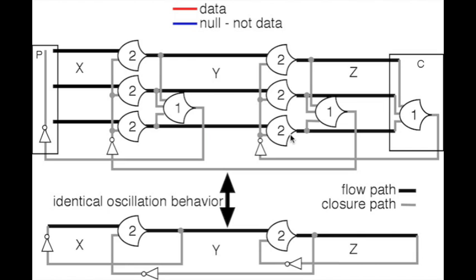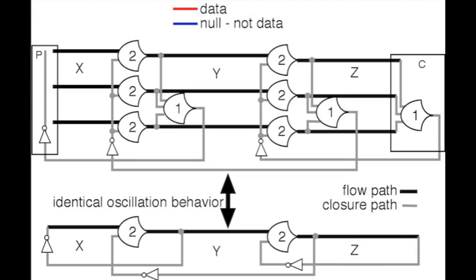So now we have a spanning enable rank driven by the closure from the downstream oscillation, followed by a spanning completeness detection, which generates the closure for the current oscillation. So with multi-rail flow paths, we introduce 2 special kinds of oscillations. The first is the producer oscillation, which generates data patterns for the flow path, and the second is the consumer oscillation, which consumes any data patterns coming from the flow path.